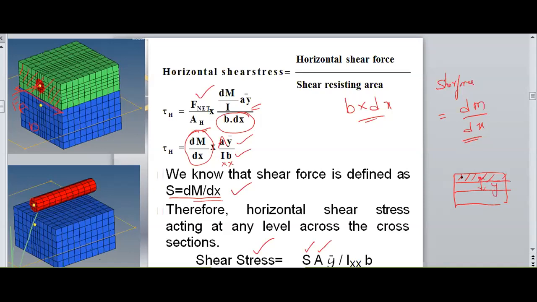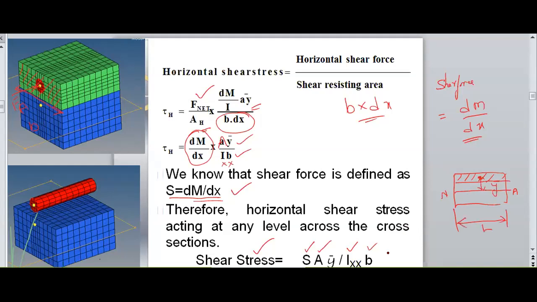That is ȳ from the neutral axis. And Ixx is the moment of inertia about the xx axis, and B is the width of the beam.